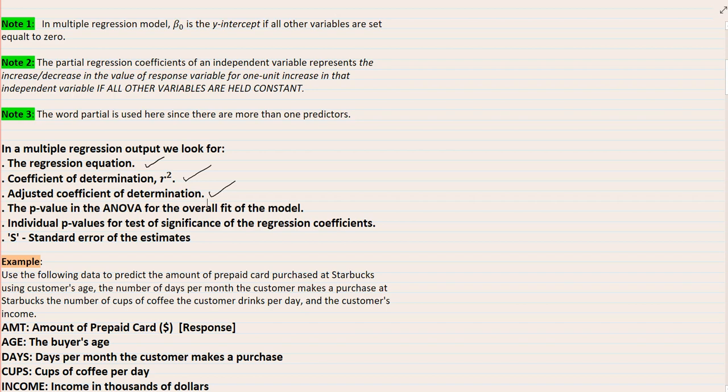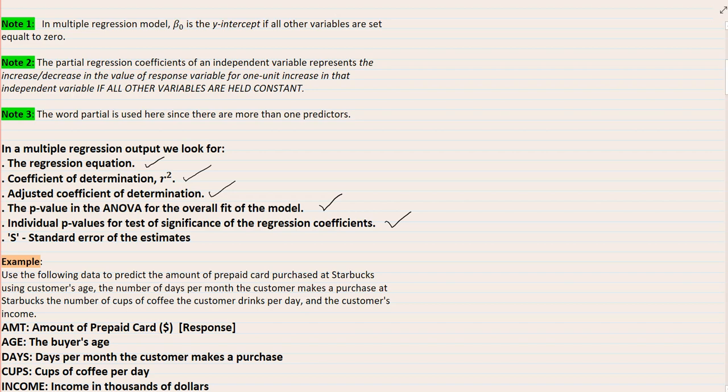Next, we're going to look at the p-value. And the p-value here, we're referring to the p-value that comes from the ANOVA table. Now this p-value, we'll explain what these do individually in a few minutes. So this p-value actually looks at whether we have the correct regression model, the predictive model. And then we also look at individual p-values to determine whether the coefficients in the population model are 0, any of them, if any of them, or all of them.